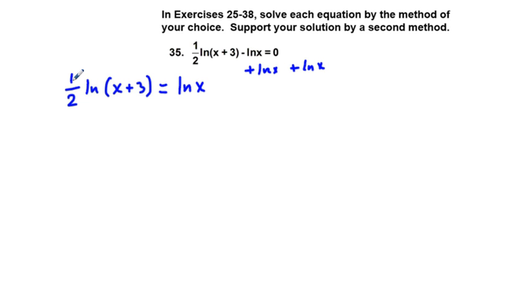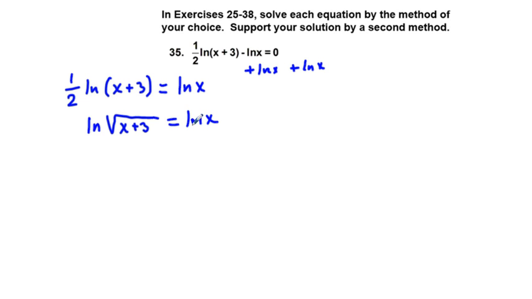And next, the property of logarithm, we're going to take this 1/2 and make this the exponent of this quantity x plus 3. So we're going to have the natural logarithm of, and to the 1/2 power, that's going to be the square root. So we have the square root of x plus 3. On the right side, we're just going to have natural logarithm of x.